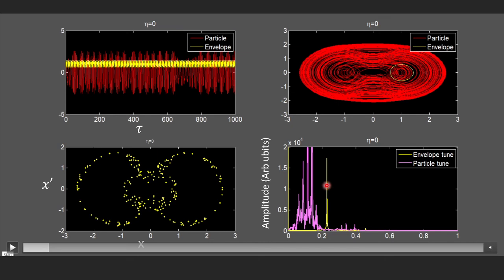You'll find a change in the FFT peaks for the particles and for the envelope as well. Also, you can look at the Poincare plot and see for what value of eta most of the particles form the core region, the tail region, or the halo region. So let me start this animation.